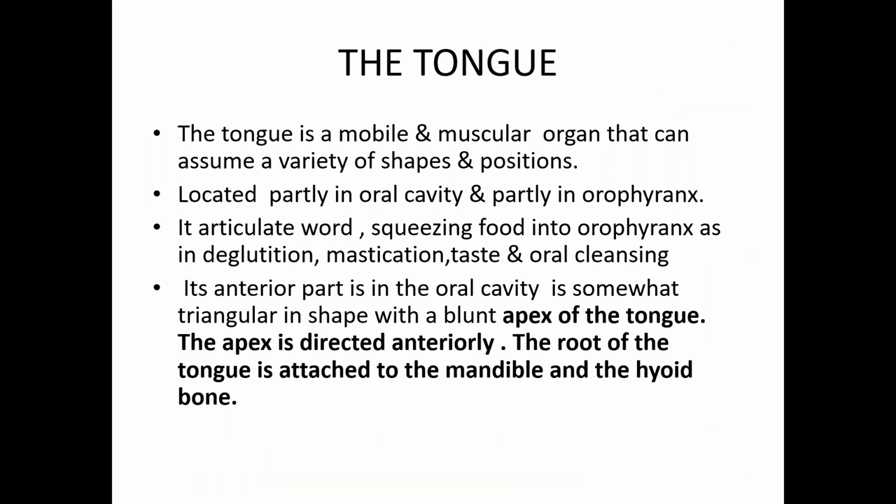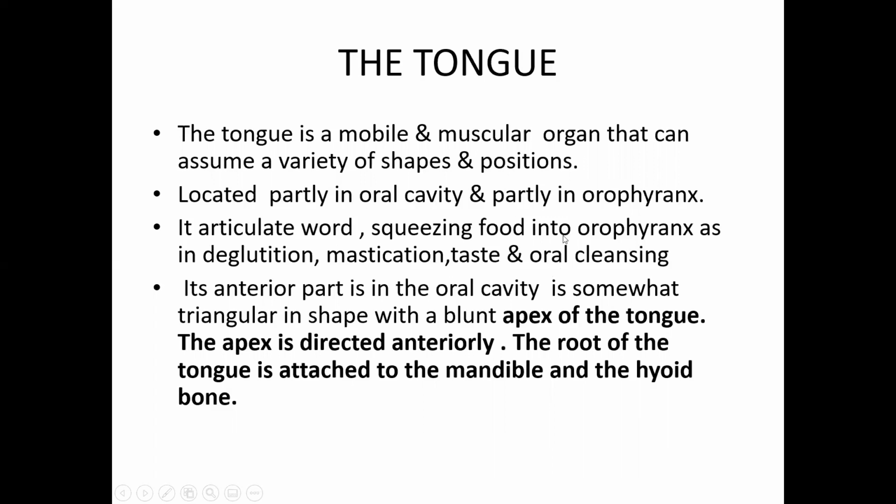The tongue. Okay. The tongue is a mobile and muscular structure that can assume a variety of shapes and positions. It is located in the oral cavity. The anterior two-thirds of the tongue is located in the oral cavity, while the posterior one-third is located in the oropharynx. It articulates, squeezes food into the oropharynx during deglutition, masticates, tastes, and takes part in oral cleansing.